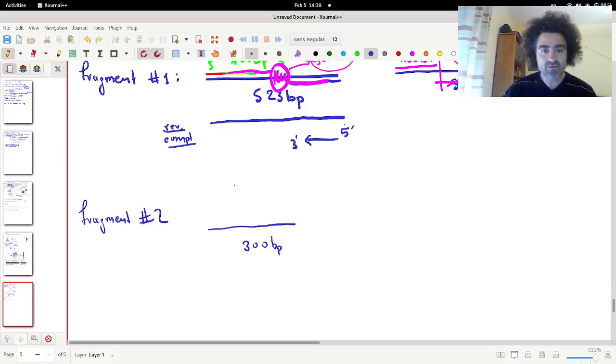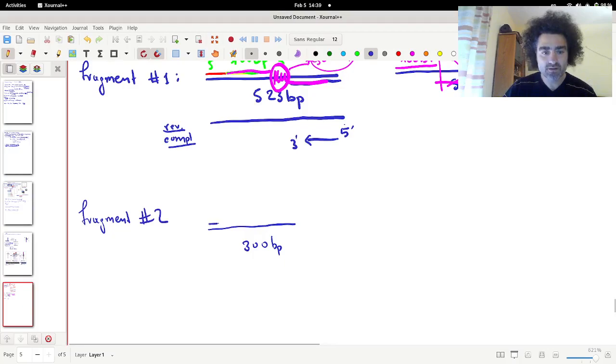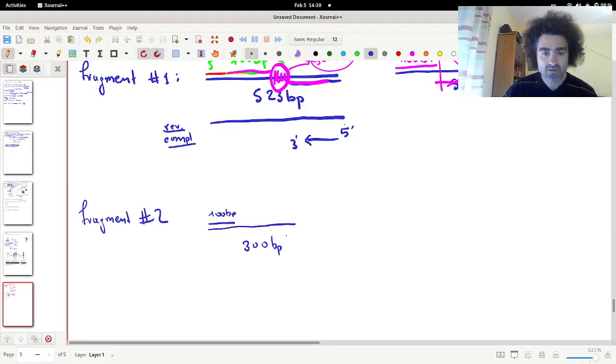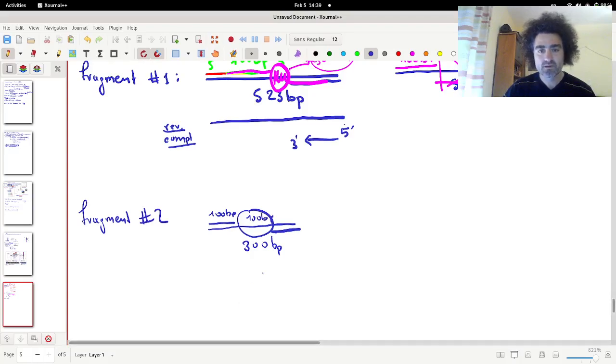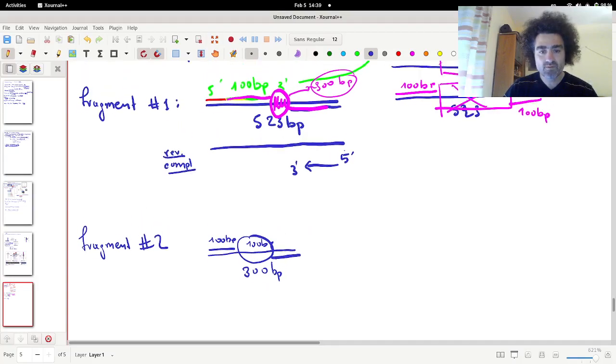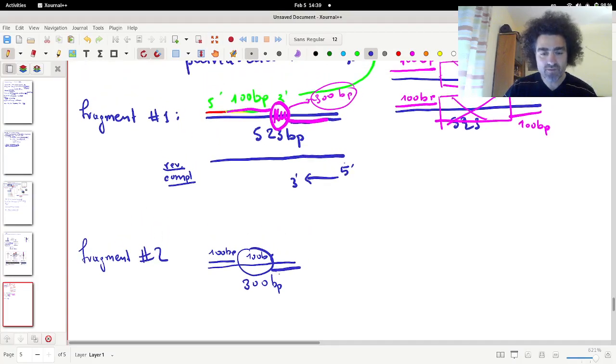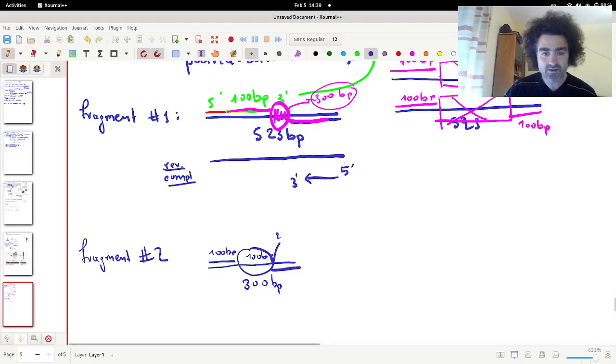So again you will read this part, but now you will read also this part, and you will just leave 100 base pairs here. Which means that you will have from this fragment a read from position 200 to 300.